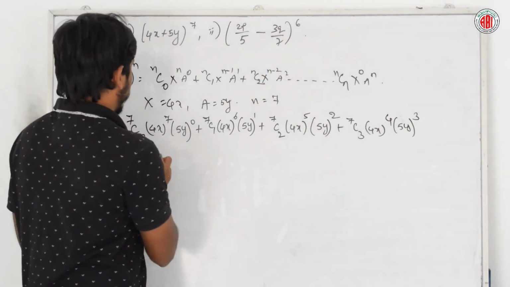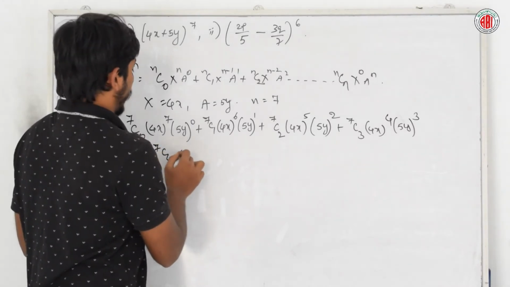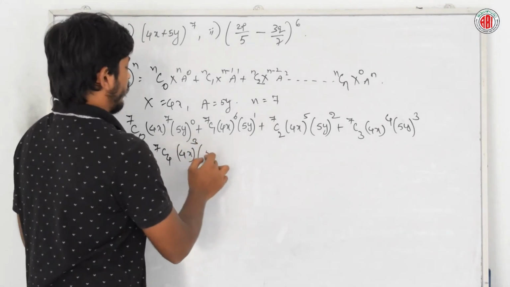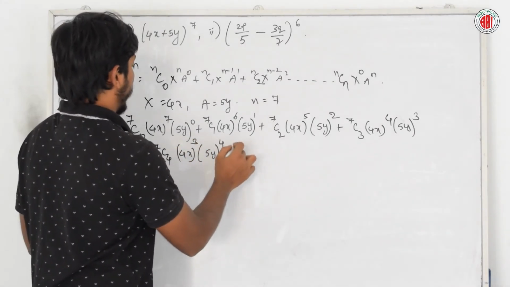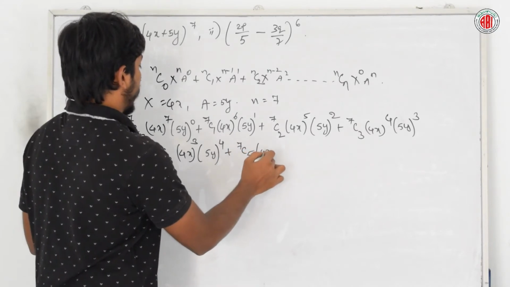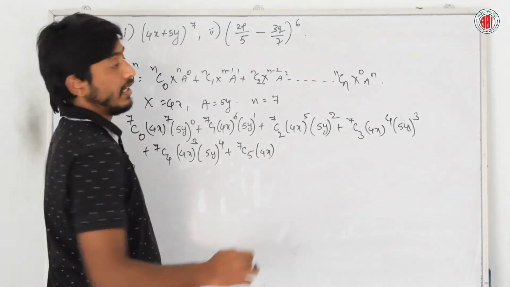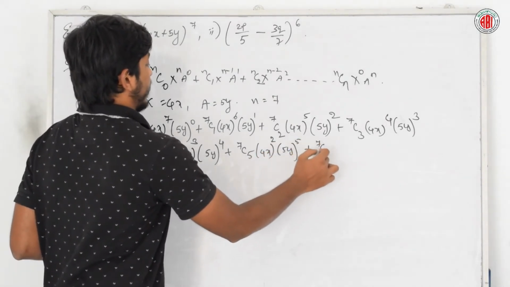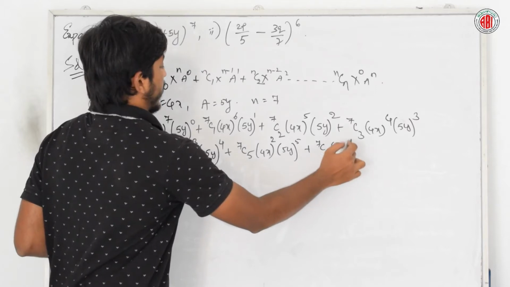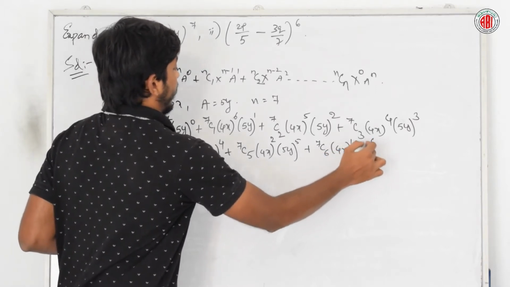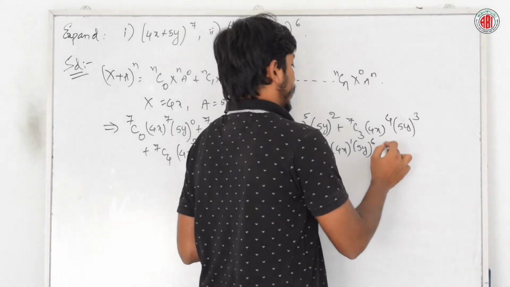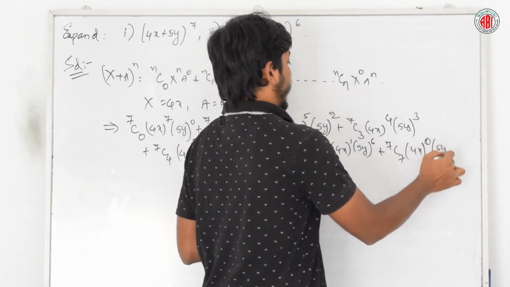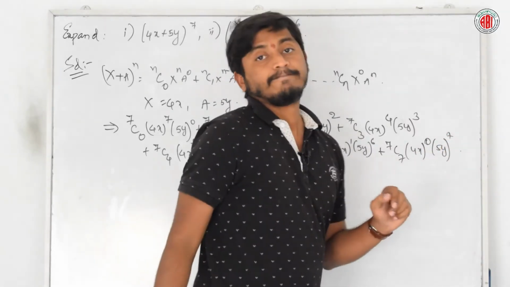The next plus 7C4 (4x)^(7-4) is 3, (5y)^4. Next 7C5 (4x)^(7-5) is 2, (5y)^5. Next 7C6 (4x)^1 (5y)^6. Finally 7C7 (4x)^0 (5y)^7. Isn't it?